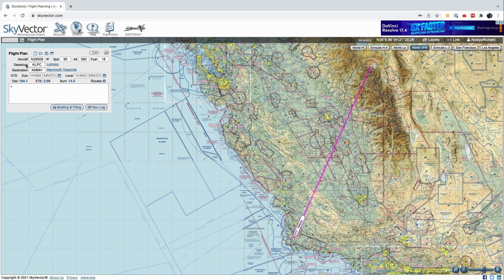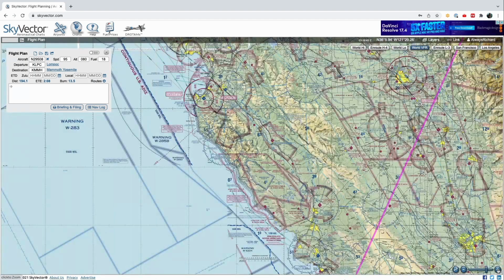So we're flying from Lompoc to Mammoth. Lompoc is KLPC, the ICAO airport code, and Mammoth is KMMH. That's the flight, a direct flight between the two points, so let's see what this looks like.